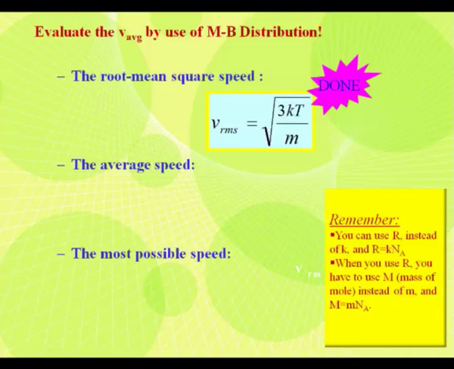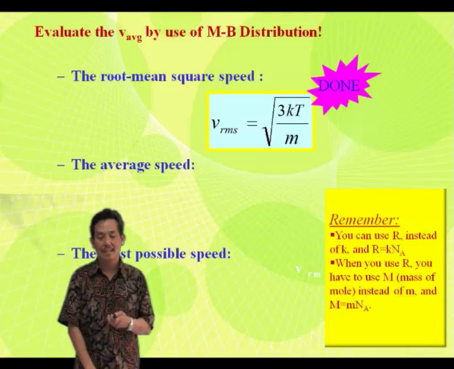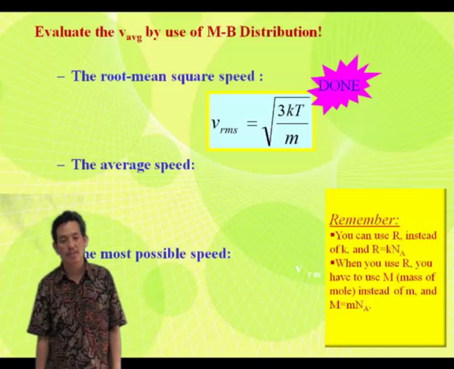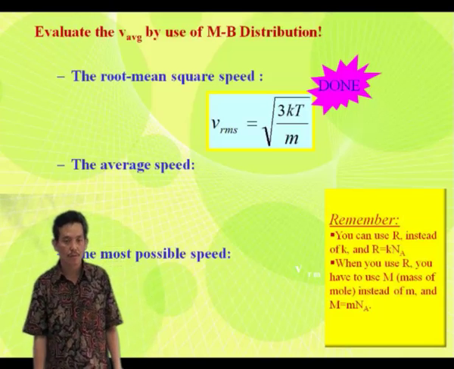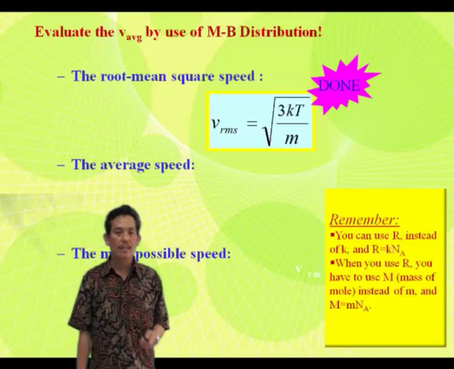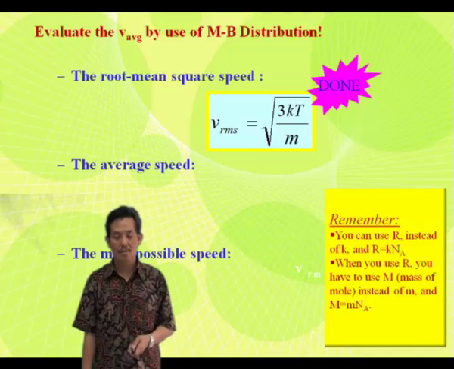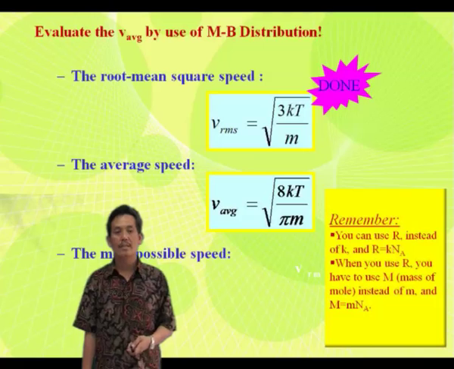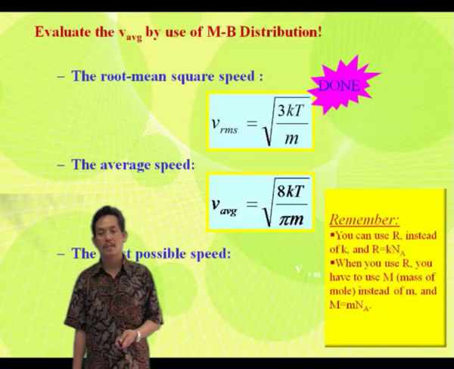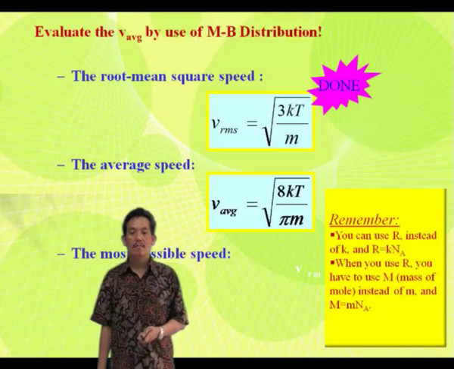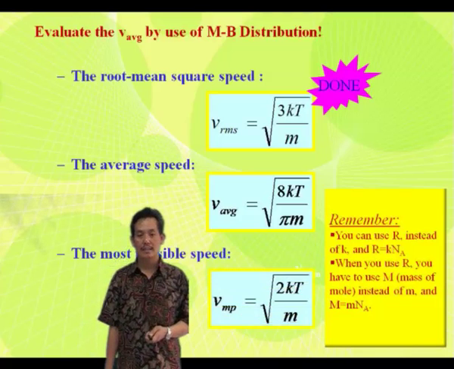So this is the assignment that you have to do. You can do it at home by yourself, or you can do it with your friend. We already counted the root mean square speed, and now just calculate or prove the average speed with the equation like that, and the most probable speed with the equation like this.